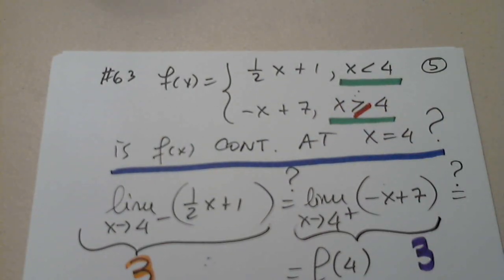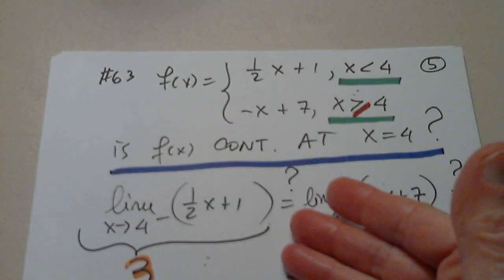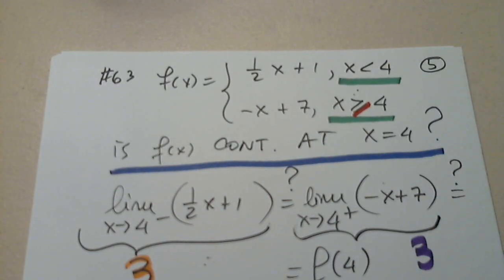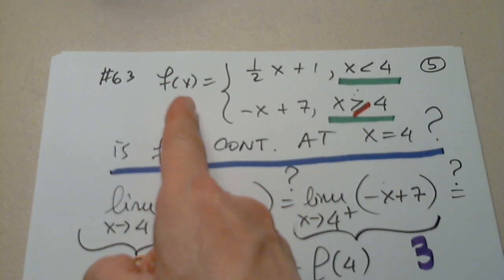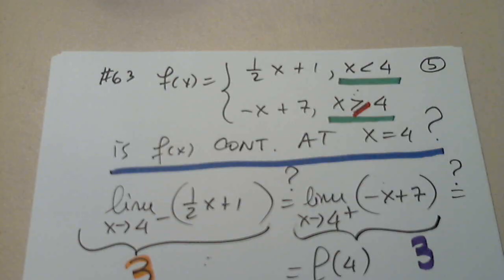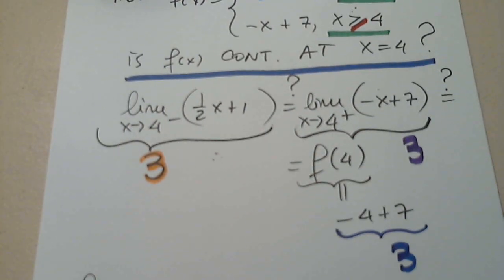Yes. The limit from the left equals the limit from the right and equals the function value at 4. Therefore, this function is guaranteed to be continuous at 4. So, conclusion, f of x is continuous at x equals 4.